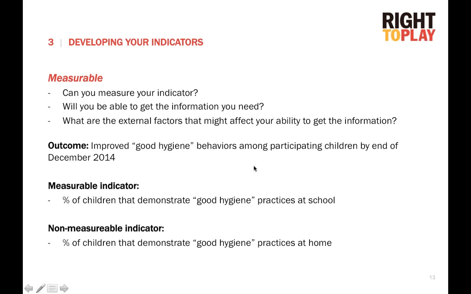Yes, sometimes the indicators are like the activities, where if we're talking about an output being the number of children that have participated, say our output is that 2,000 children participate in right to play programs twice a week.